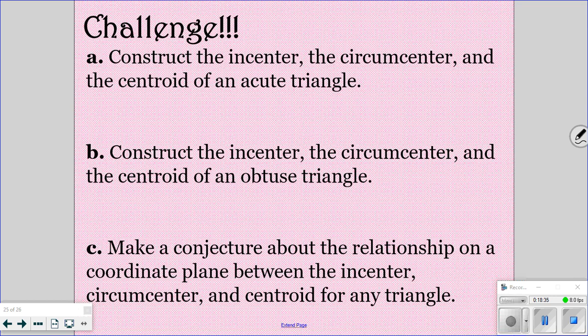So your incenter is going to be where all of your angle bisectors intersect. And so let's say that's an angle bisector, and that's an angle bisector, and that's an angle bisector, and you'd have to show that these angles are congruent.